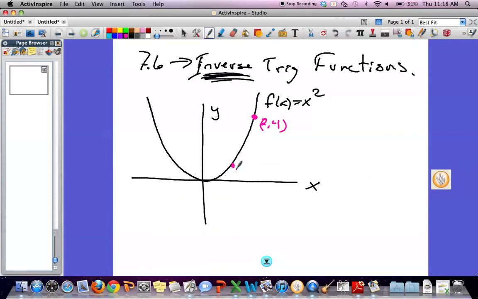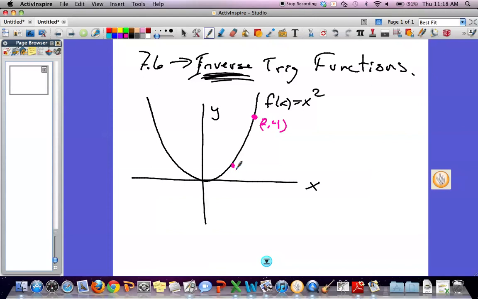But for it to have an inverse, we have a stronger restriction, and what is that? Vertical line test and the horizontal line test. And the word we say then is the function has to be one-to-one.